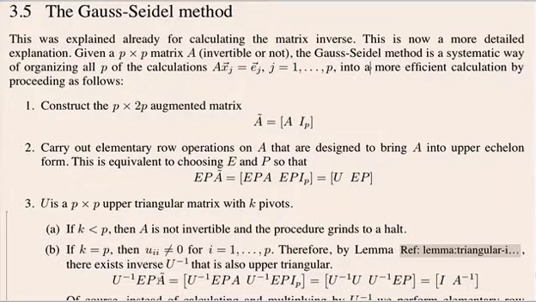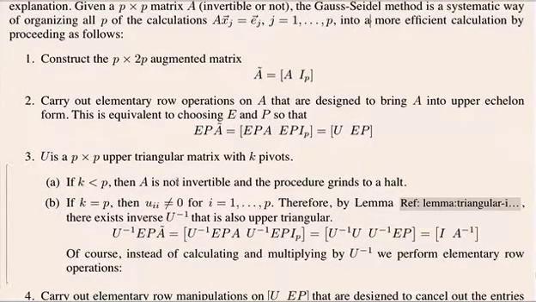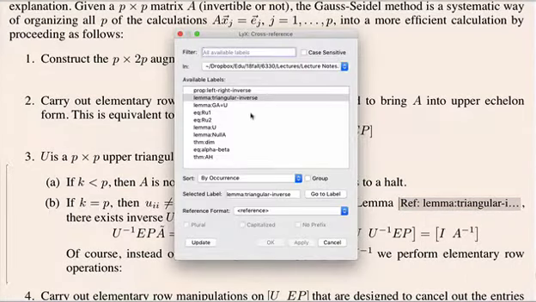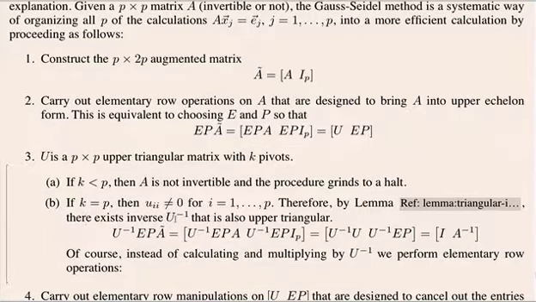But if K equals P, then that means that these diagonal entries U_ii are not zeros, as i goes from 1 to P. And then using this lemma that was about the inverse of triangular matrices, we have that the inverse of U also exists, U inverse, and it's also upper triangular, the same as U. That was a lemma some time ago.